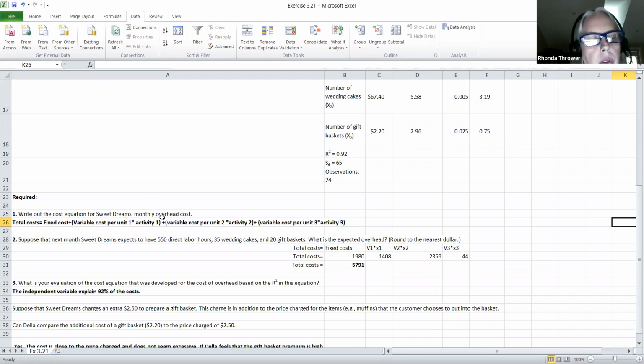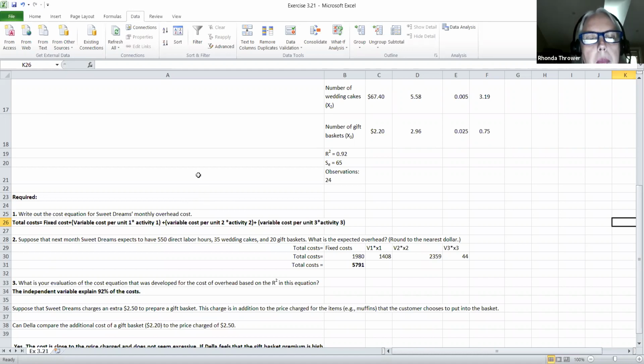So if you're using the high-low method, according to your textbook, it's one of the worst methods for isolating your fixed cost and your variable cost. A better method would be to use the regression analysis.